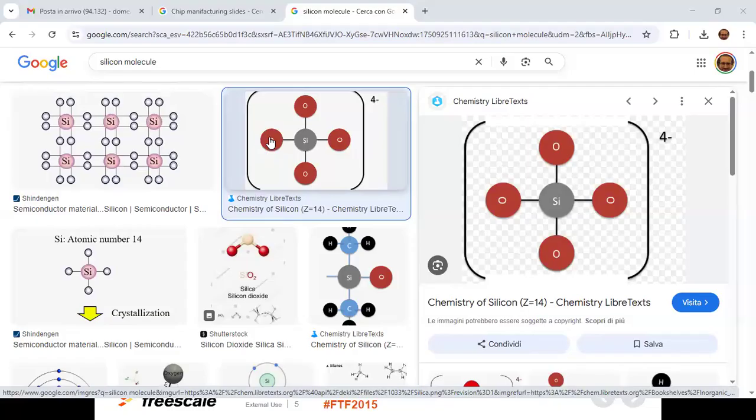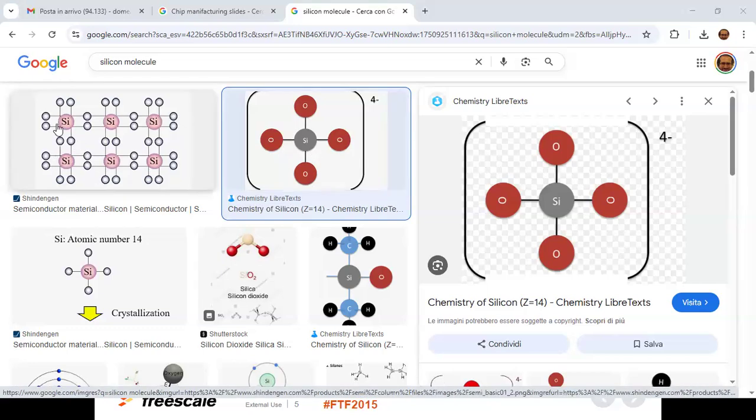Okay. So, first of all, this silicon molecule is also called silicon dioxide because it's silicon surrounded by oxygen atoms. This is the basic composition of sand. Sand or even glass are made of this matter.